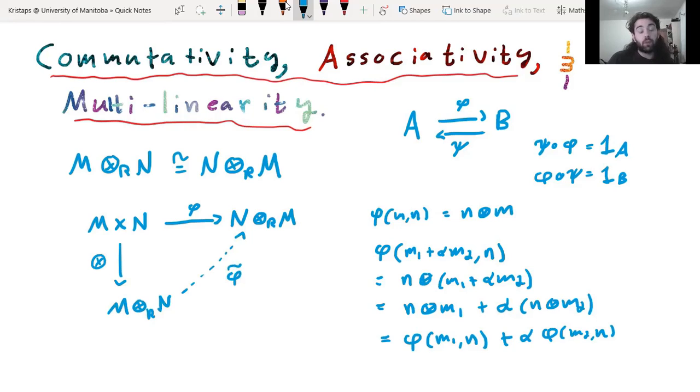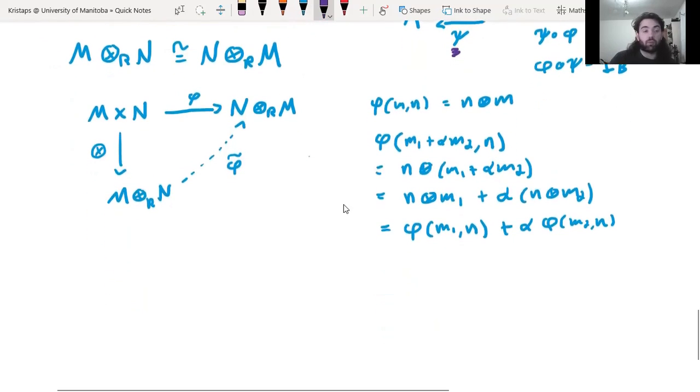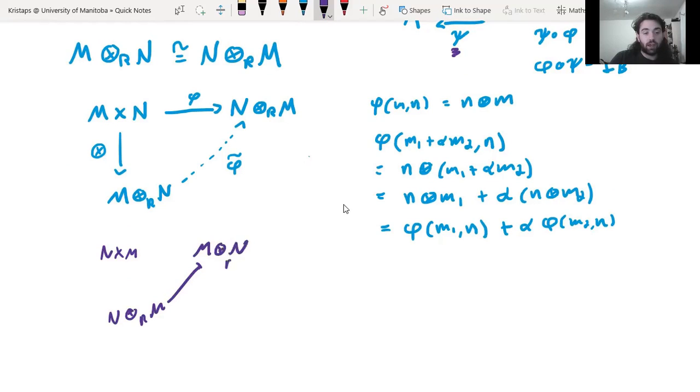Now, in order to get the reverse map, I'm not going to go through that in any sort of detail, but you can guess what this map psi is supposed to be going in the other direction. Instead we're going to put N cross M here, and we're going to end up getting a map from N tensor M into M tensor N, and then it would be super easy to check that, say, psi tilde applied to phi tilde applied to m tensor n, we simply unpack these definitions.